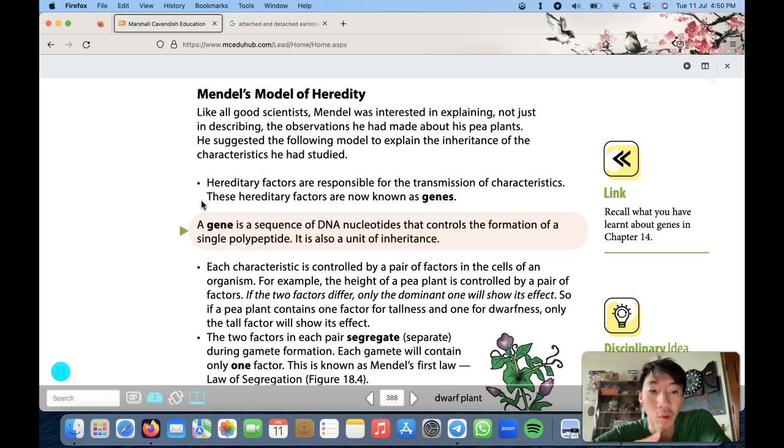We said that chromosomes are basically tightly wound DNA wrapped around histones. If you stretch out the entire length of that DNA, there will be certain short sequences that are called genes. These are the useful areas. They are a sequence of DNA nucleotides that control the production of a single polypeptide.